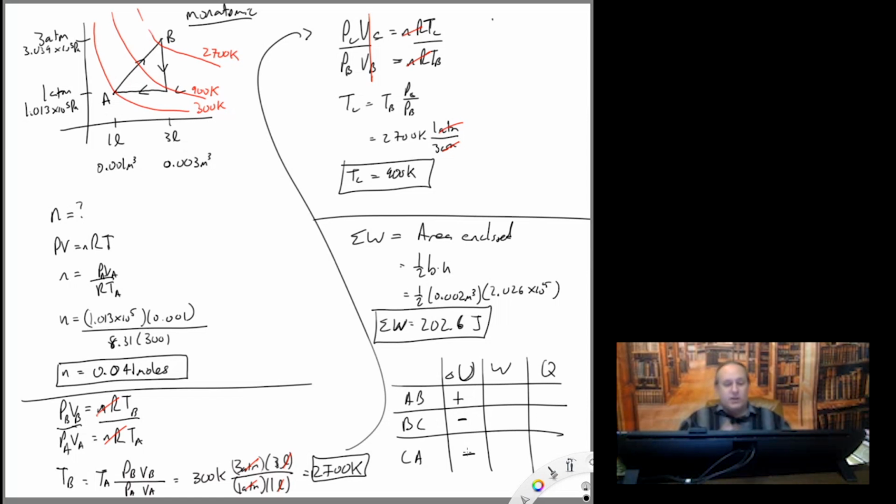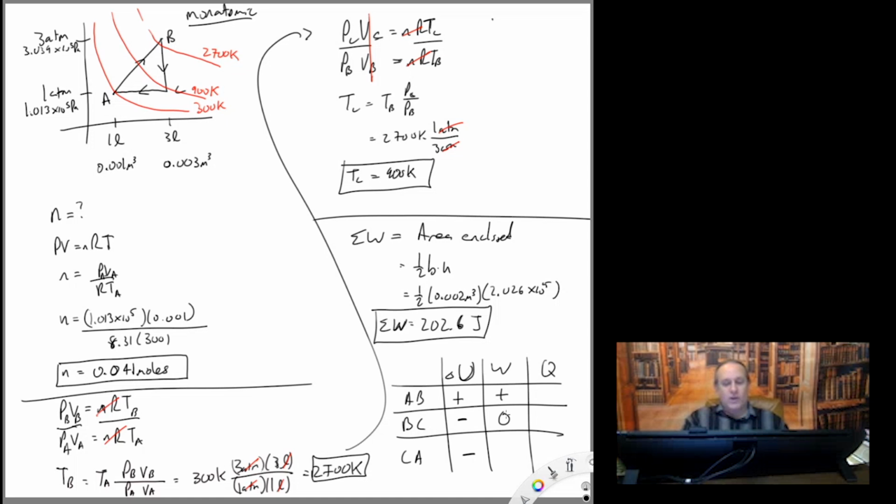Now we look at work. The sign of work is positive when the process moves to the right, and it's negative when it moves to the left. So going from A to B, we move to the right, so we get a plus sign. Going from B to C, it doesn't move to the right, so it's not positive. It doesn't move to the left, so it's not negative. The only number that's not positive or negative is 0.